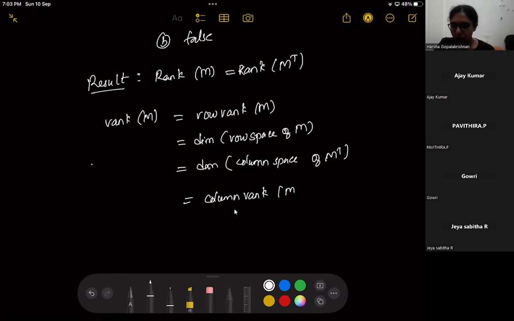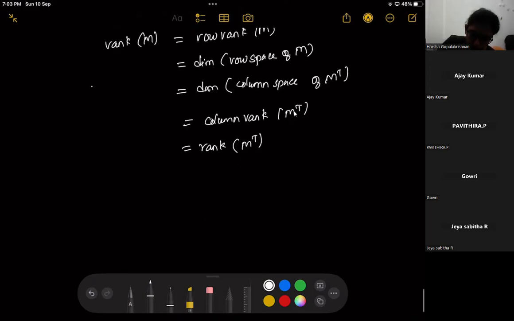Okay. We know for any matrix, column rank, row rank, everything is equal. So column rank of M transpose, we can write it as rank of M transpose. So what we started with is the rank of M, and we finally proved that it is equal to rank of M transpose. Clear? So for any matrix, rank of M and rank of M transpose are equal.